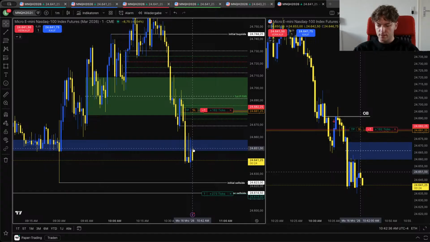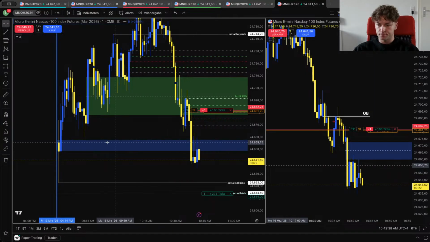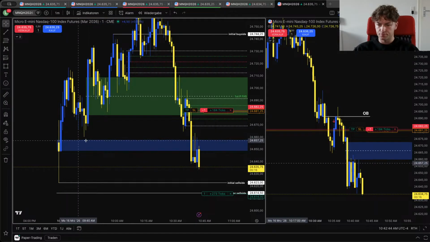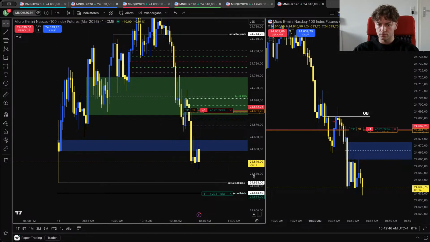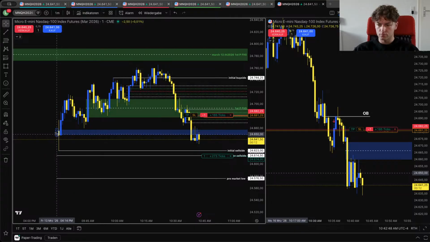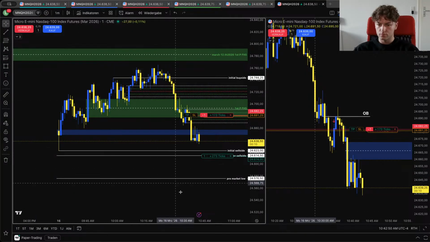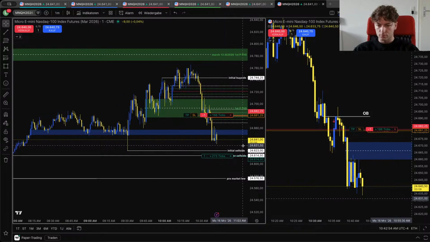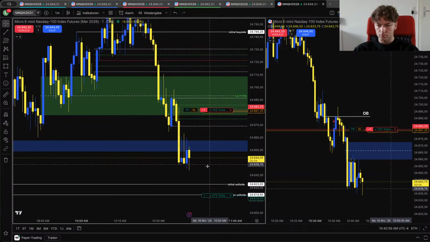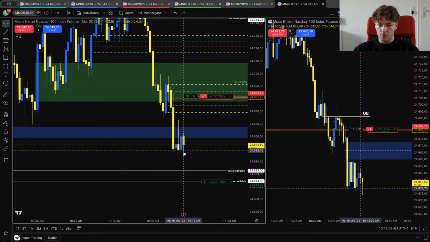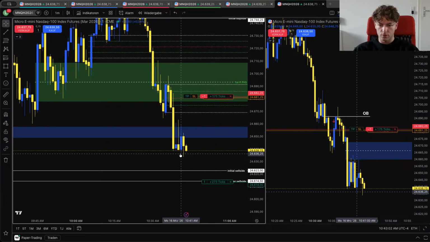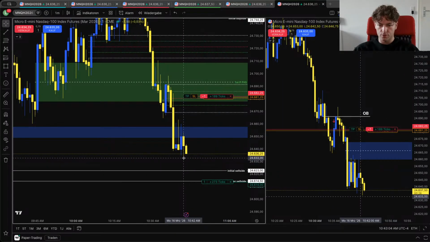So price is respecting this opening level from the opening range gap. I want to see price close below the short term low and consume all of this wick.